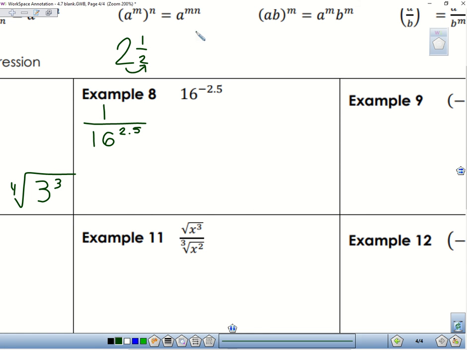So that becomes 5 over 2. So 2.5 is the same thing as 5 divided by 2. So that's 16 to the 5th halves, like that. And then we can rewrite that as a radical if we wanted to, like this.